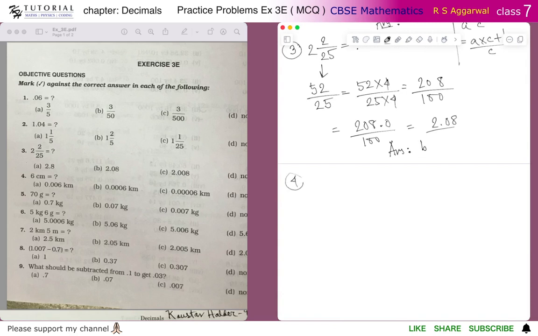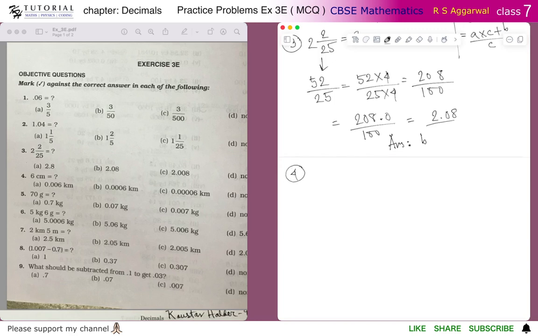Okay. Let's do problem number 4. 6 centimeter. It's a conversion of unit, and of course using the concept of fractions and decimals. It is asking 6 centimeter equals how many kilometer, because the options are in kilometer.